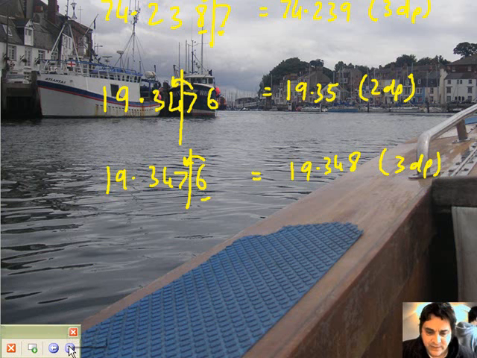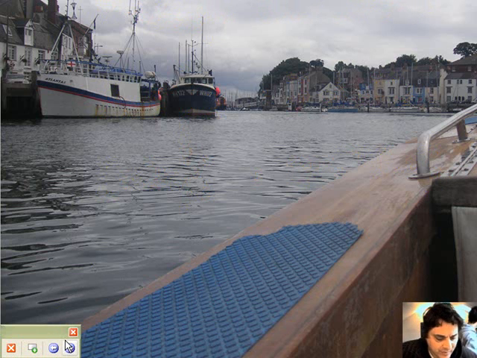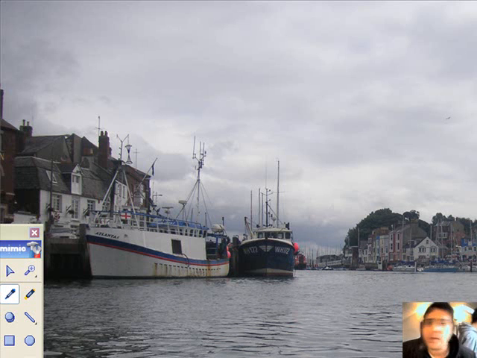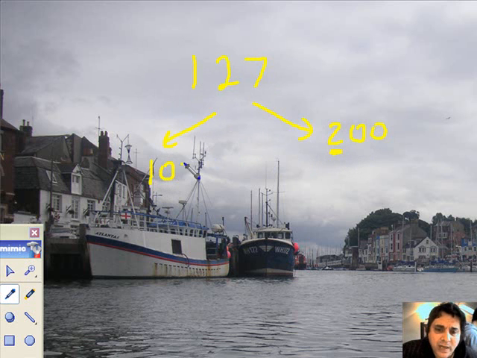Stop there. Let's just turn over the page. These are one significant figure. Now, one significant figure is about having one key important figure. Again, we've done these before, I believe, in Unit 1. So 127 centimetres, ignore the unit. I can call that 200 using one significant figure, or I can call it 100.